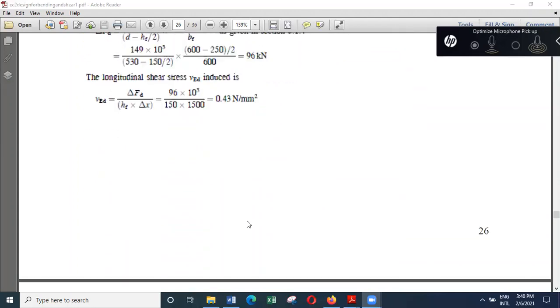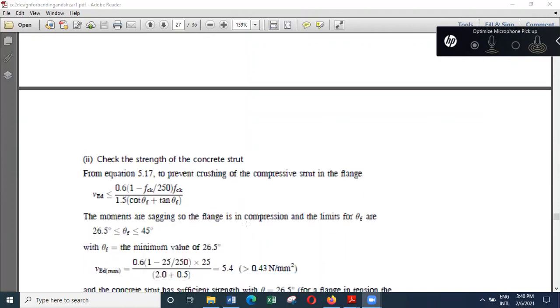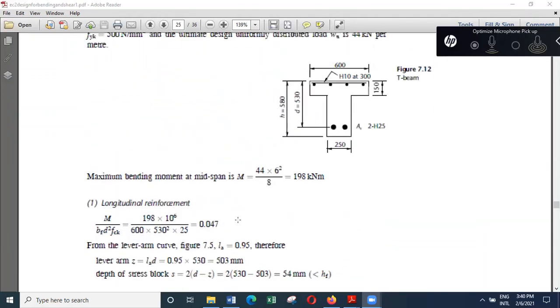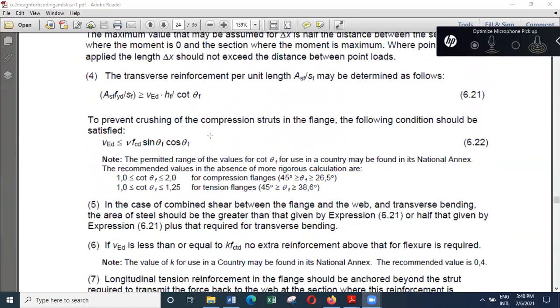But before finding that, we'll also see what is the maximum stress that can be allowed, because we know 0.43 is acting and 0.43 is not a big amount. We also need to see whether the concrete can crush, and whether the reinforcement is needed.